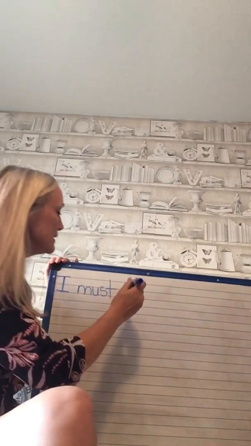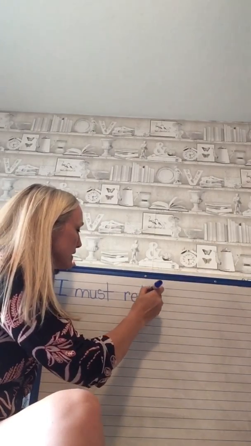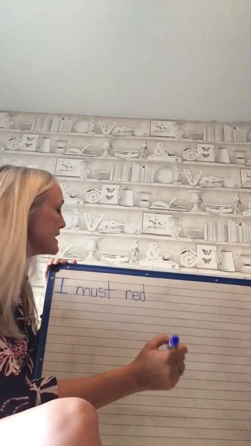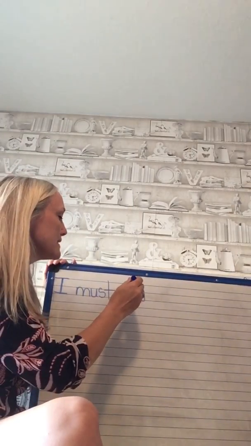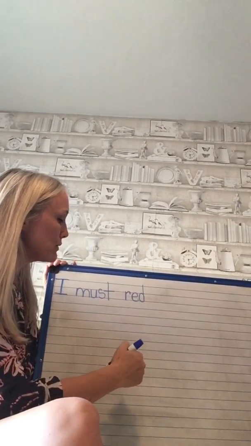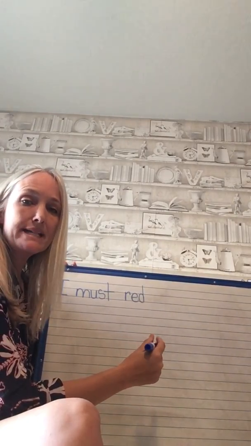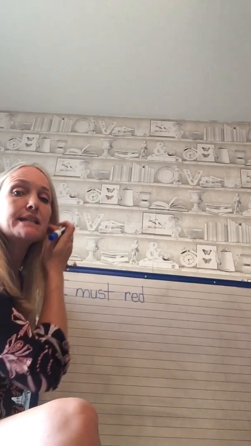Read. A lot of you write read like that. But I should know that that is a CVC word. CVC words have a short vowel in the middle, and that's also a color word that we learned a long time ago. Right now that says read. I must read, and I want the word read.